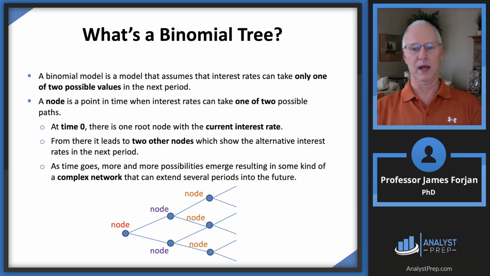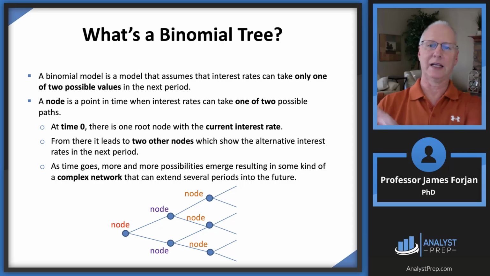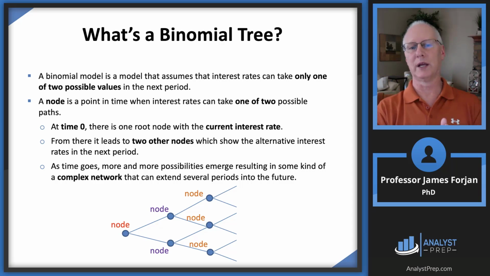We can either go up or down, or we can either go up or down. And notice we arrive at that same middle node there at time period 3. And don't let it stop right there at time period 3. We can go to 4 and then 5 and 6.